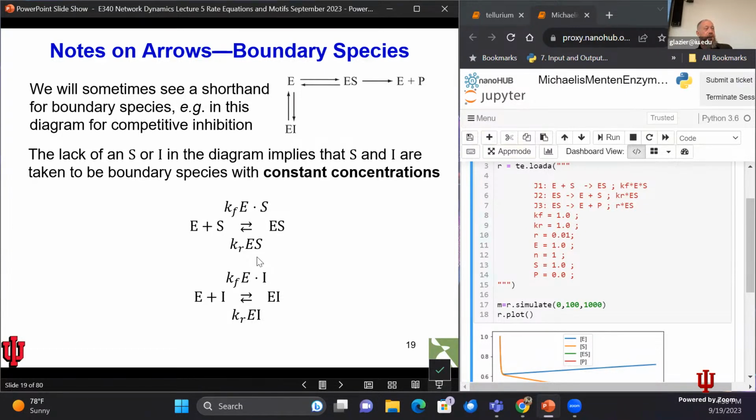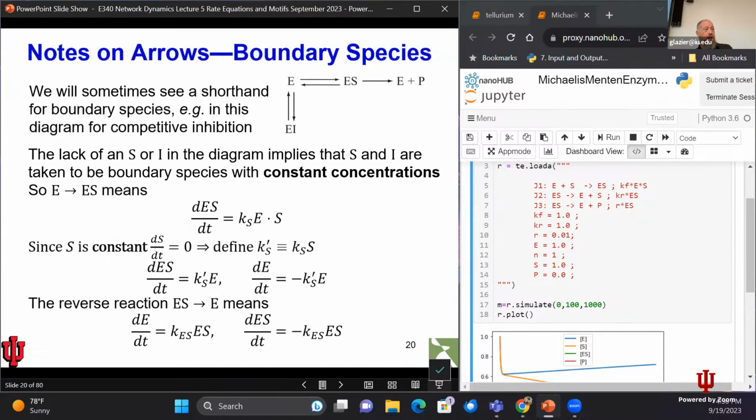The I is unwritten, and so I have KF times E times I. And the backward reaction is KR times EI. And then I have a decay term, ES goes to E plus P. That's just K2 times ES.